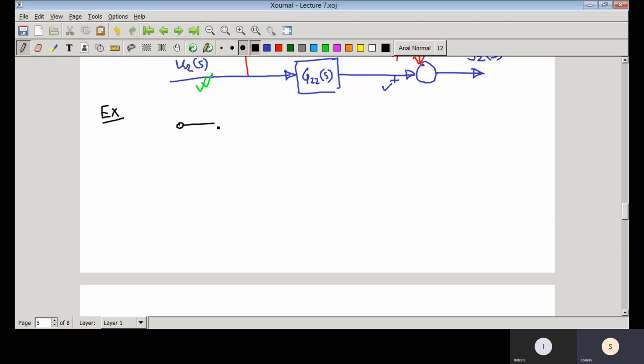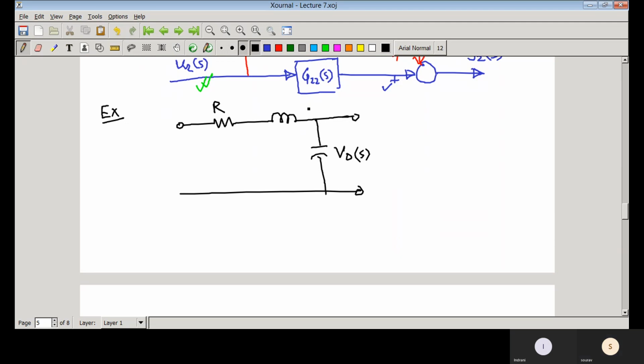Here, if we take a simple circuit, that is output V0(s), and this is R and this is Ls, this is I(s), and this is input V1(s). We are interested in what would be the transfer function from input V1(s) to output V0(s).